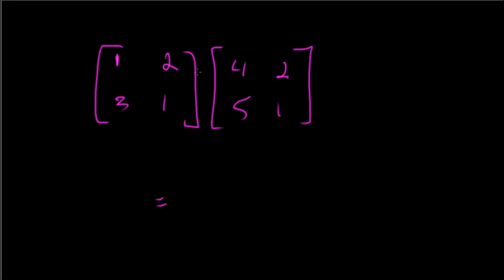All right. 4 plus 10 is 14. 12 plus 5 is 17. All right, looking good. 2 plus 2 is 4. And 6 plus 1 is 7. So there it is.